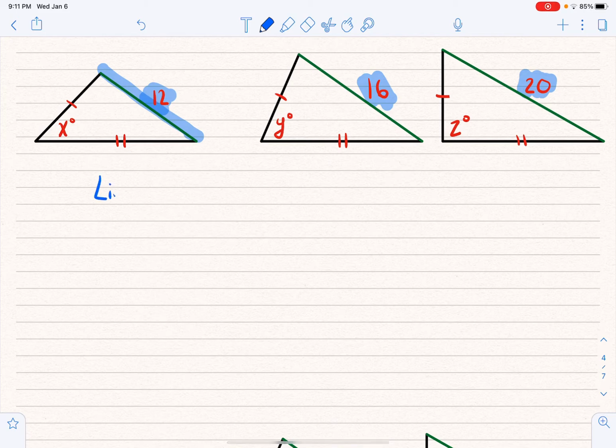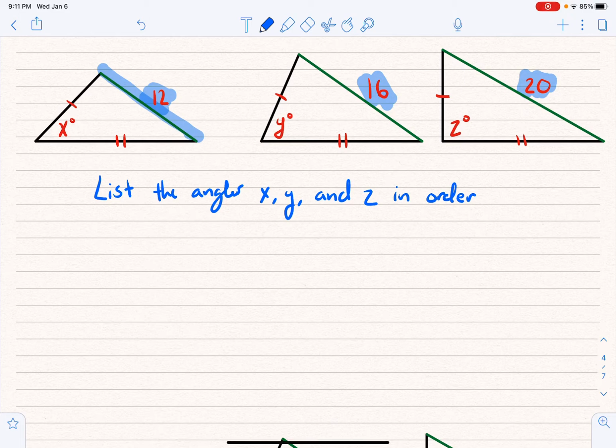So if we were told to list the angles X, Y, and Z in order, let's say from least to greatest, well, then it would be very easy.